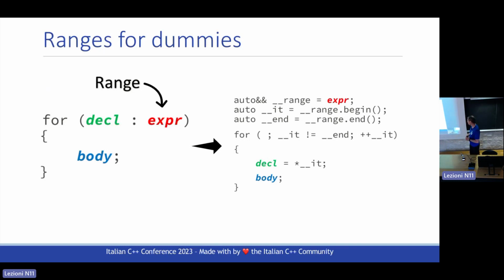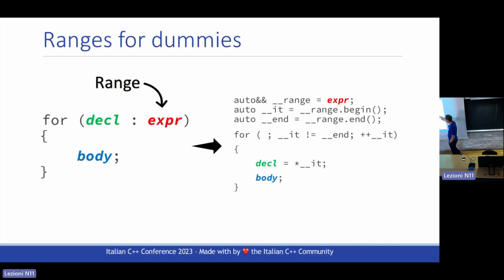Actually, if the compiler doesn't find member begin and end, it will call the free function begin and end. And there's also some special case for C-style arrays, but we don't need to go there. And then we start the normal loop with this iterator. You just check if the iterator reaches the end, and then you increment the iterator. Then you dereference the iterator and assign it to whatever you put here and execute the body. So actually, this thing is syntactic sugar for this.